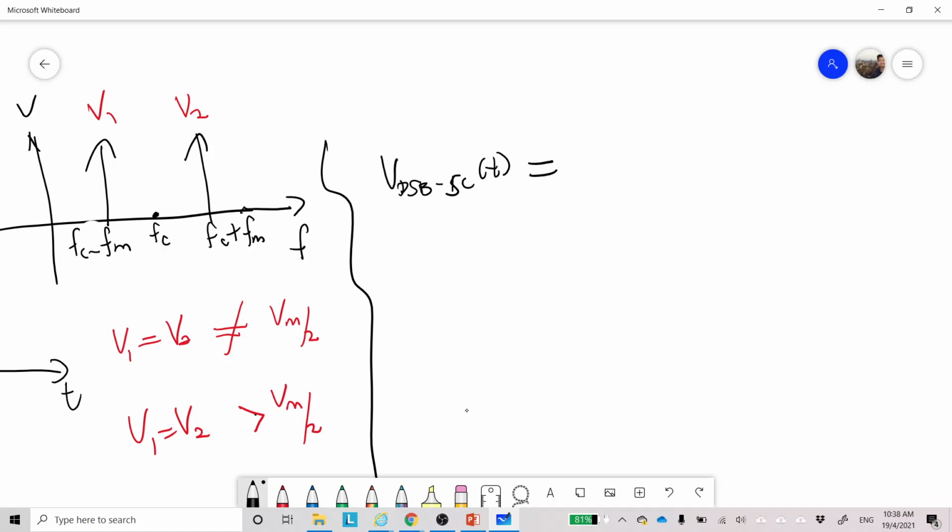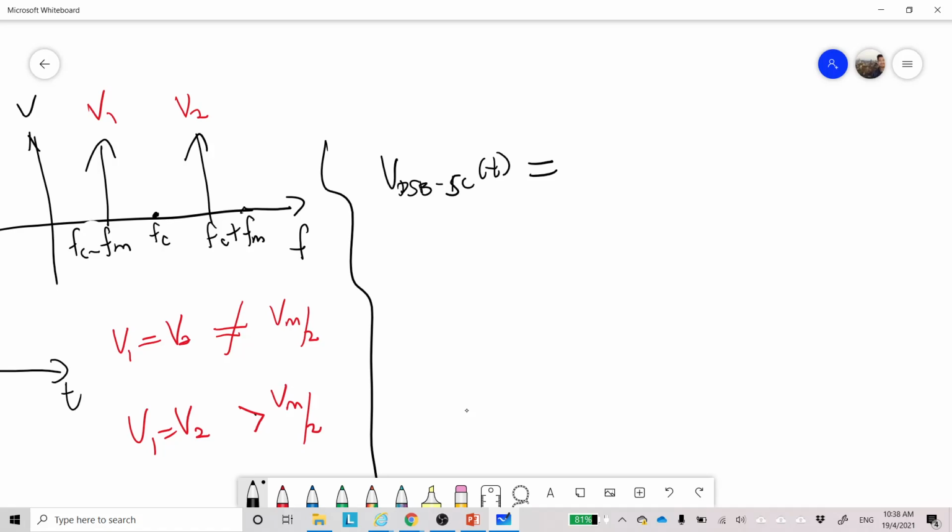So this is actually Vc sine 2 pi fct multiplied with Vm sine 2 pi fmt.